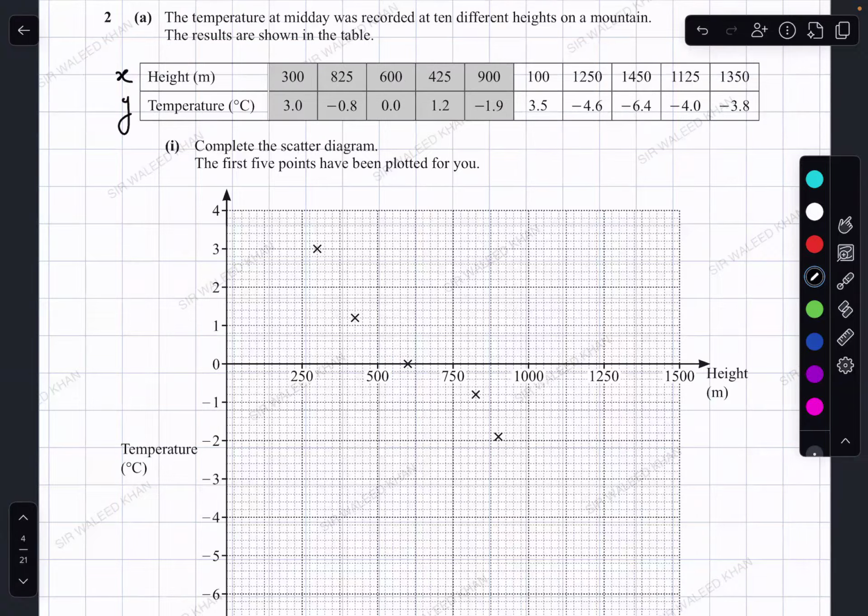Now we also have to remember how many units are being represented by one box. So if 10 boxes are representing 250, then one must be representing 25 using proportions, right? So this will be 100 over here at the 4th box. So 100 over here and 3.5.